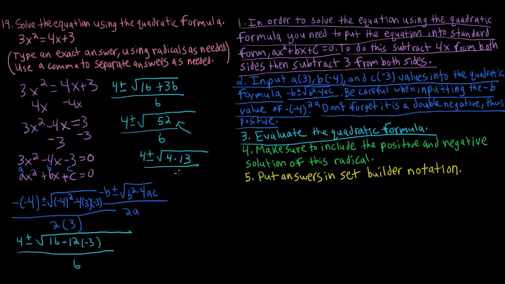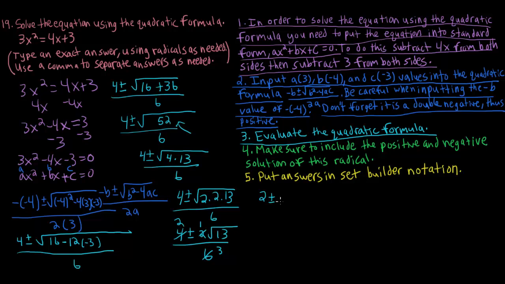The square root of 4 is just 2, so that's 2 times the square root of 13 all over 6, which is the same as 4 plus or minus 2 square root of 13 over 6. And then this will simplify. 2 goes into itself once, 2 goes into 4 twice, 2 goes into 6 three times. So you end up with 2 plus or minus square root of 13. We don't need to include the 1, that's a given, all over 3.